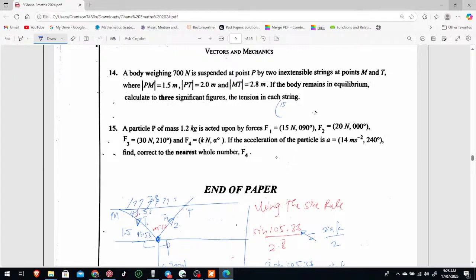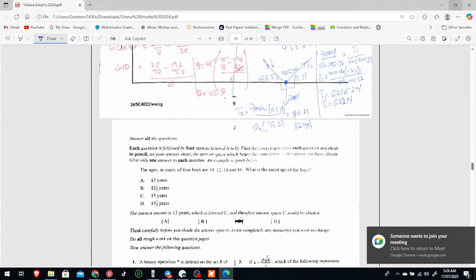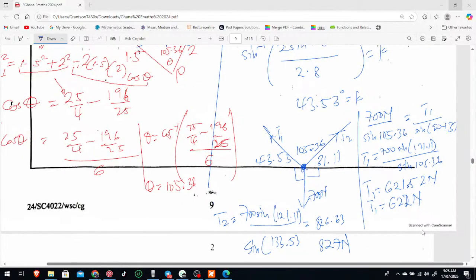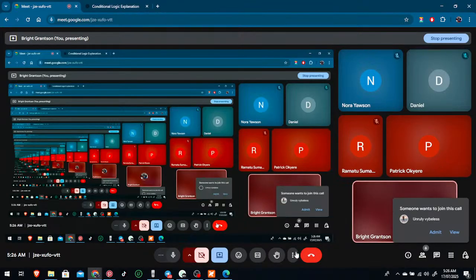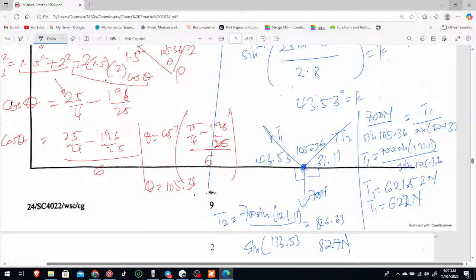So please, can I see the solution below?